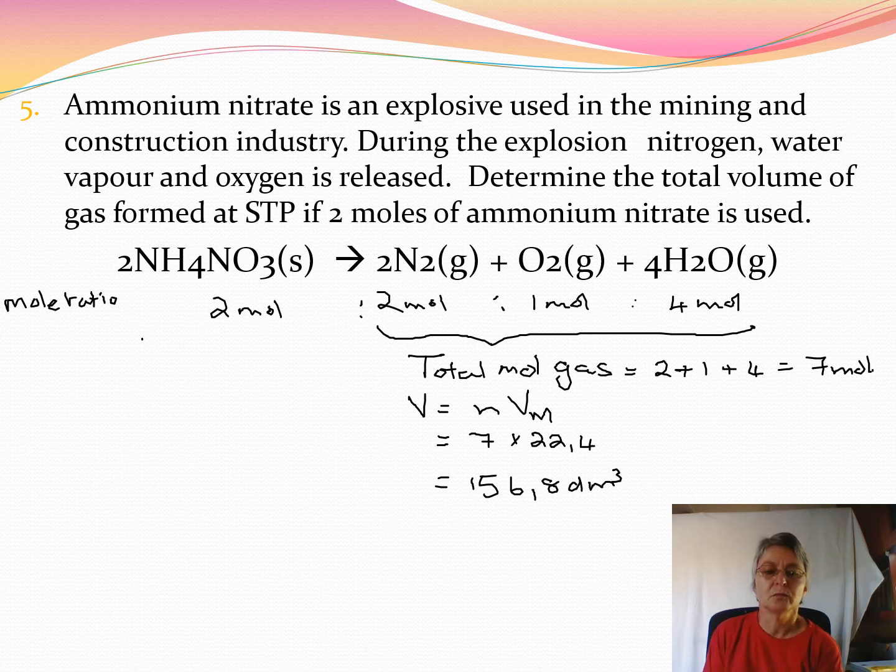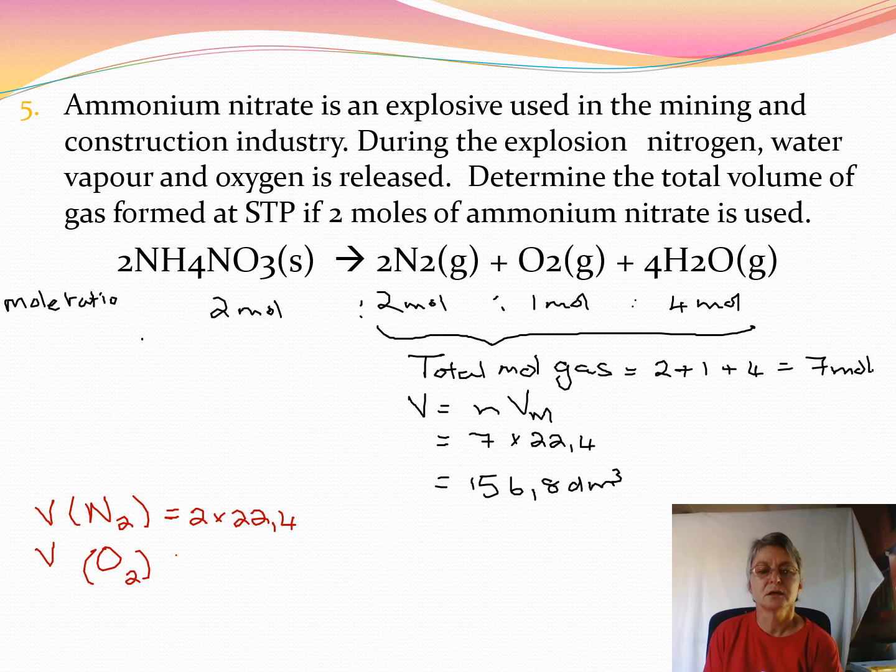If you wanted to do them separately, the volume of the nitrogen would be 2 times 22.4, and the volume of oxygen would be 22.4, and the volume of water would be 4 times 22.4.